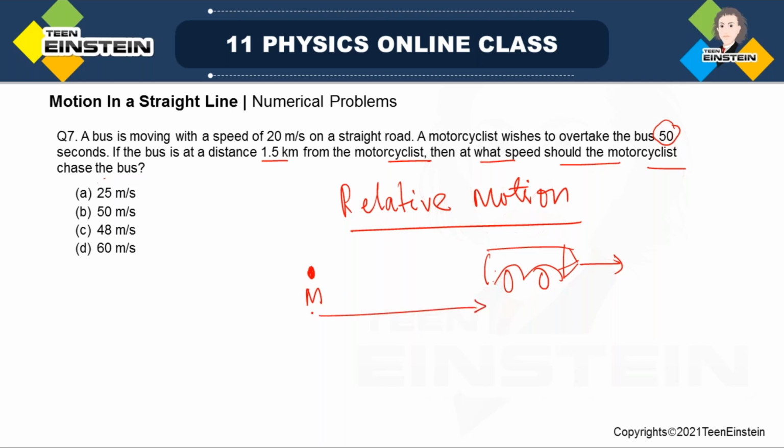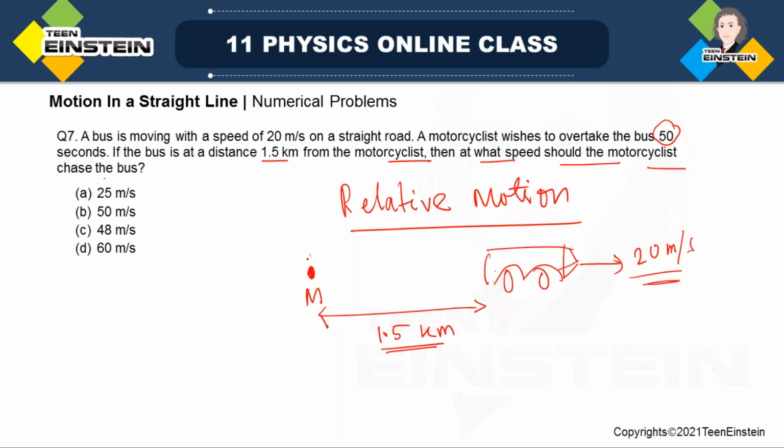So when the man wishes to overtake the bus, at that particular instant, the distance between the motorbike and this bus is 1.5 kilometer. This is the distance, right?